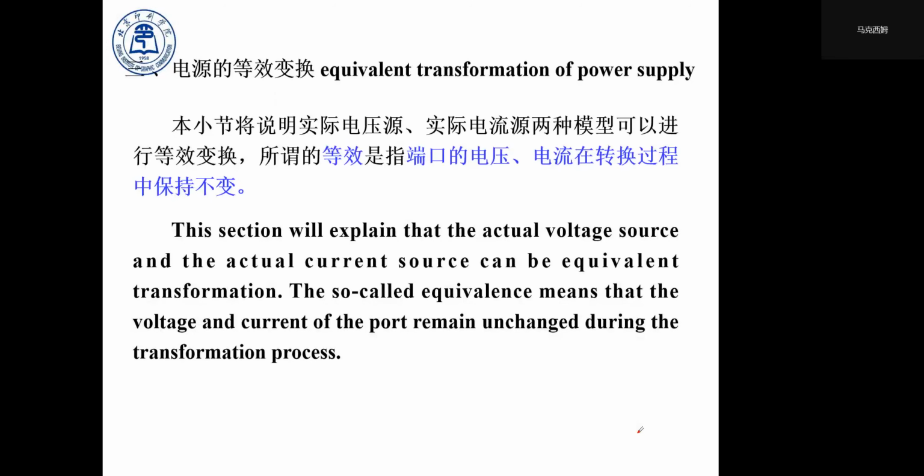So we have two models to represent the actual current source and the actual voltage source.